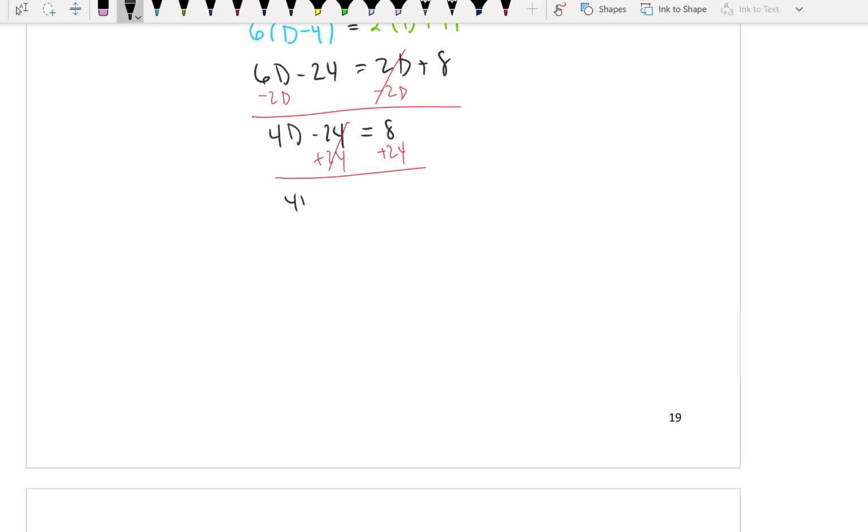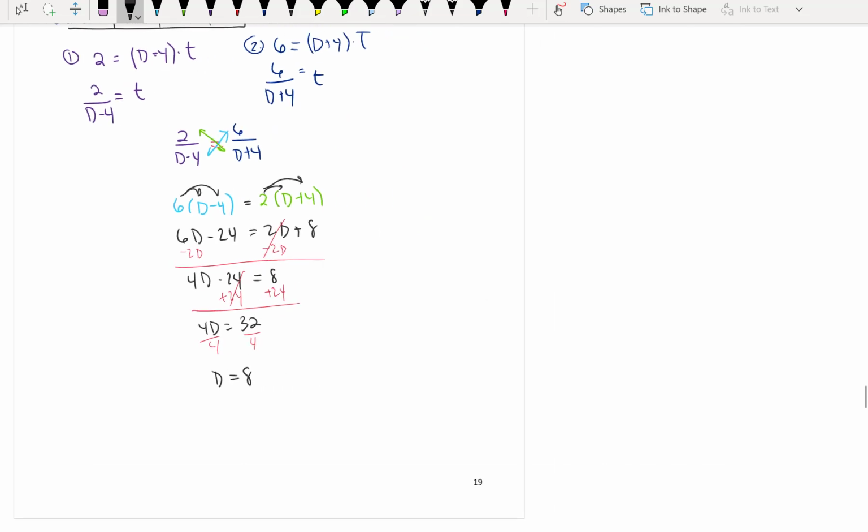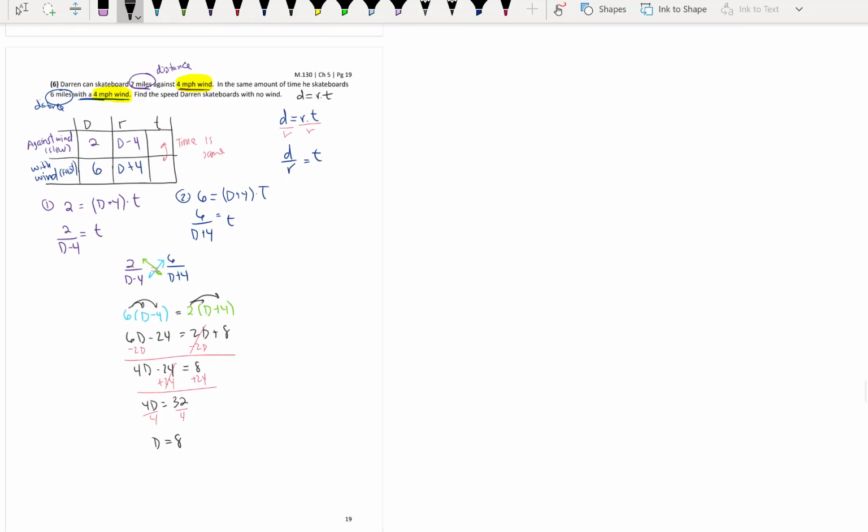So now I have that 4d is equal to 8 plus 24, which is 32. And if I divide both sides by 4, I will get that d is equal to 8. So I know that d represented Darren.